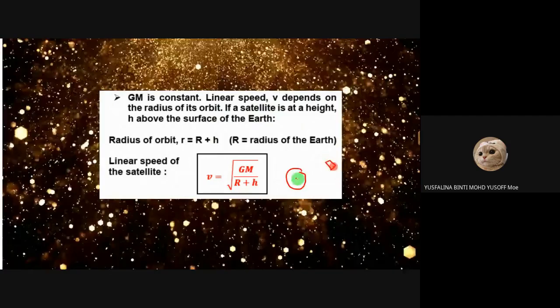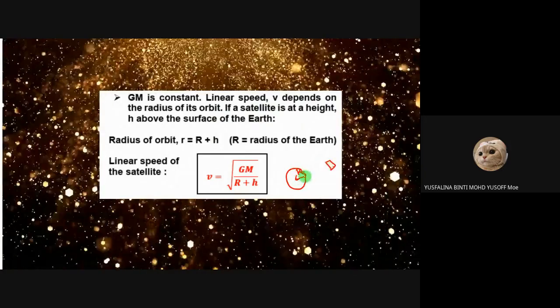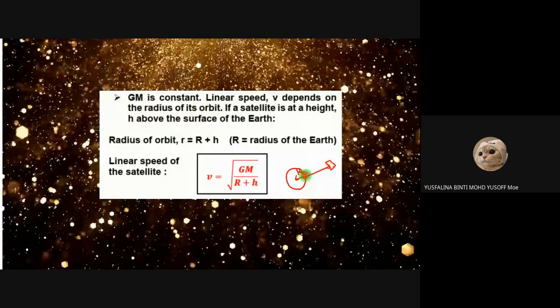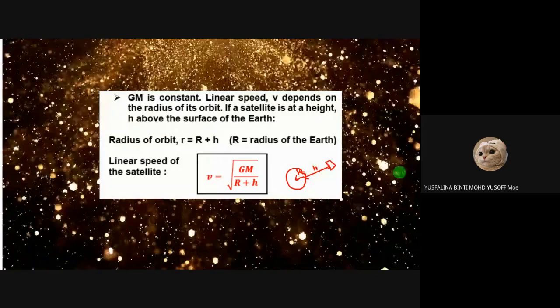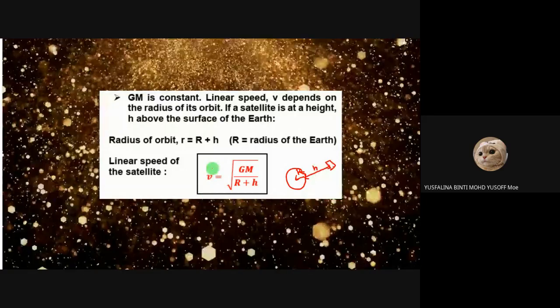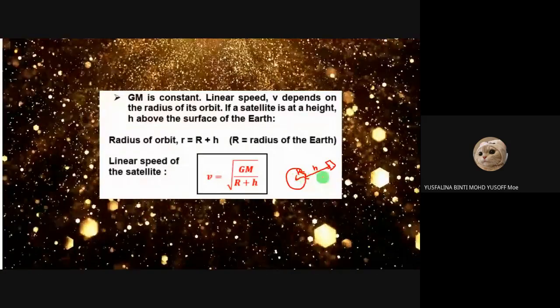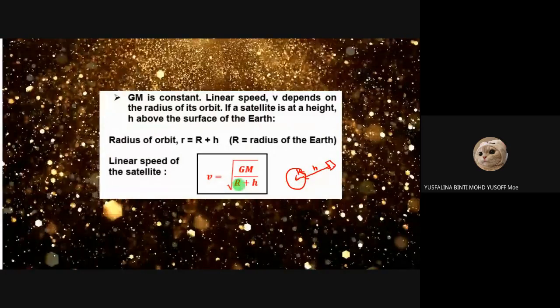This is the radius of the Earth, the capital letter R, while this one, the height of the satellite from the surface of the Earth to the satellite, is h. So if you want to find the linear speed of the satellite, you need to add the radius with the height of the satellite from the surface of the Earth. So that's why R plus h.